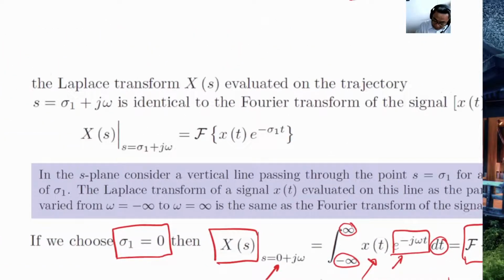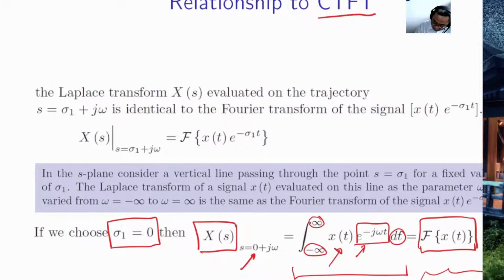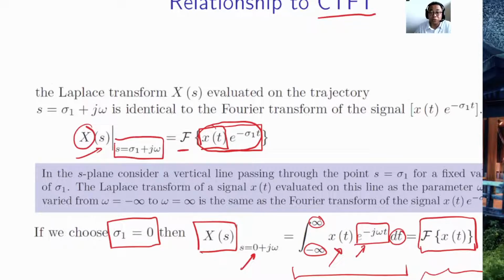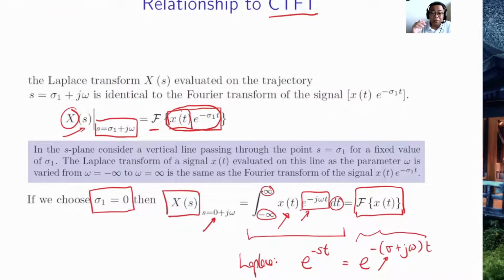Now, the other way to think about it is that if we are given x(t), and before we perform the Fourier transform, we multiply by the signal e^(-σt), then the Fourier transform of this signal, x(t) multiplied by e^(-σ1 t), is equal to the Laplace transform with s equal to σ1 plus jω. So we can look at it two ways.